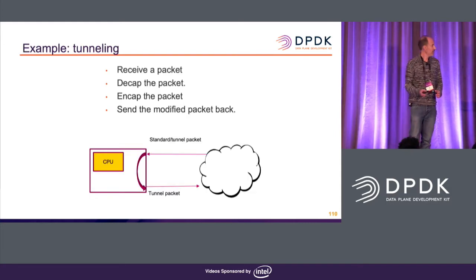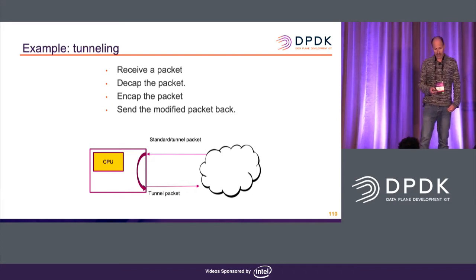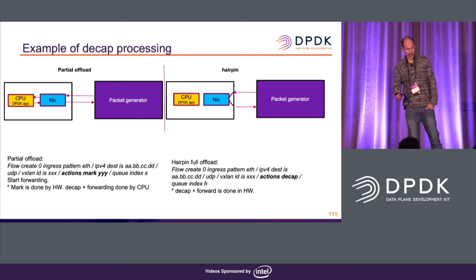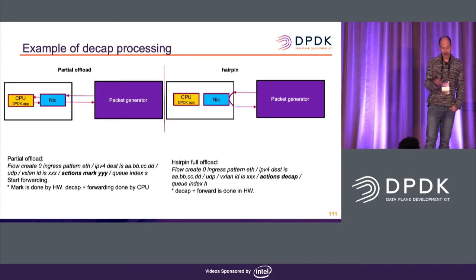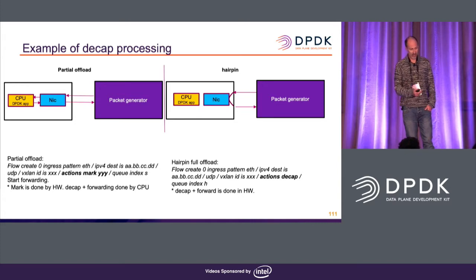OK. Here we'll start seeing an example. In this example, we're receiving a packet, then decapping it and encapping it with a different header, and sending back the modified packet. This can be done in two ways. First of all, actually three ways, but I'm going to talk about two. There's the basic one where the application does everything.